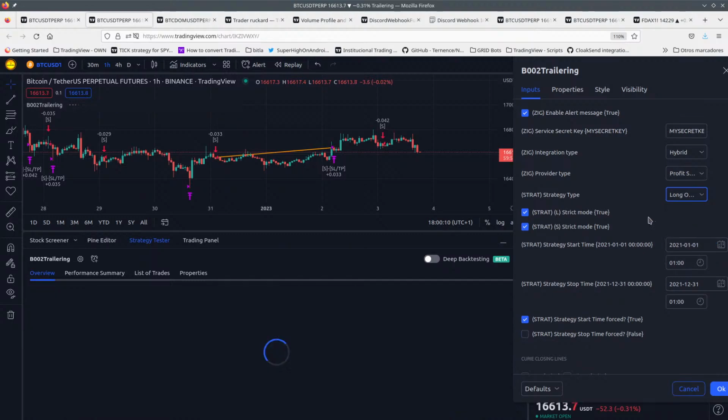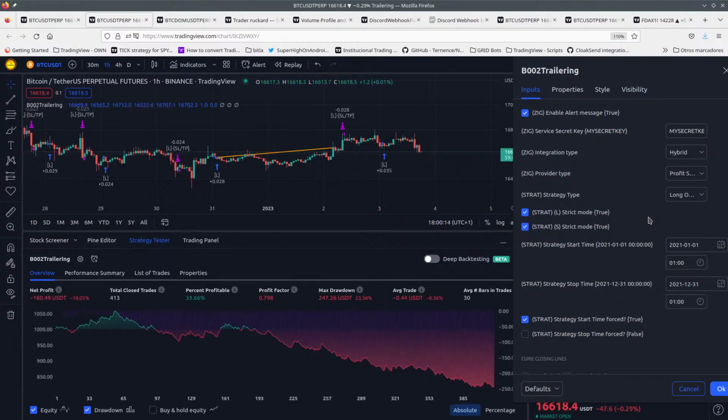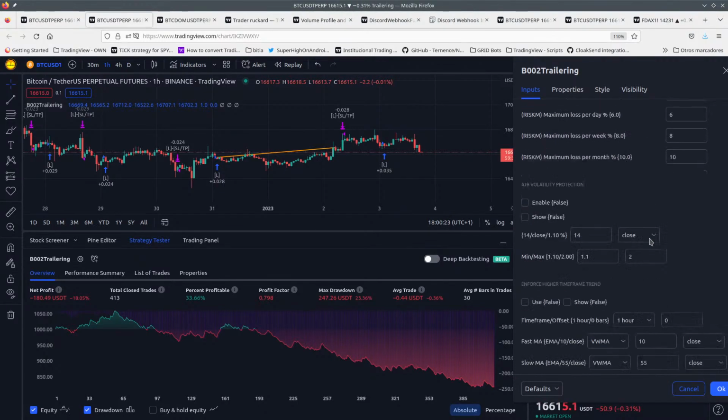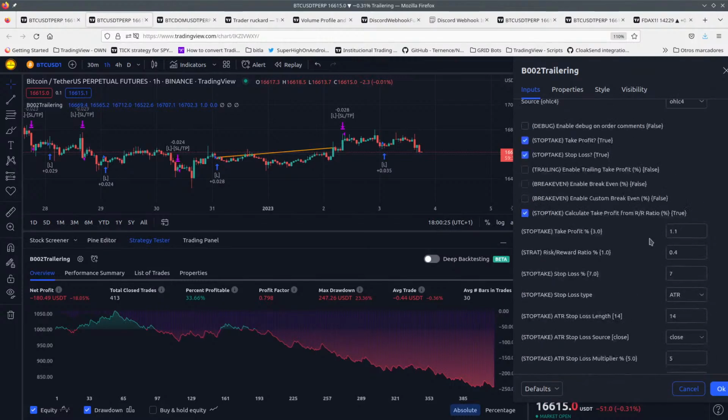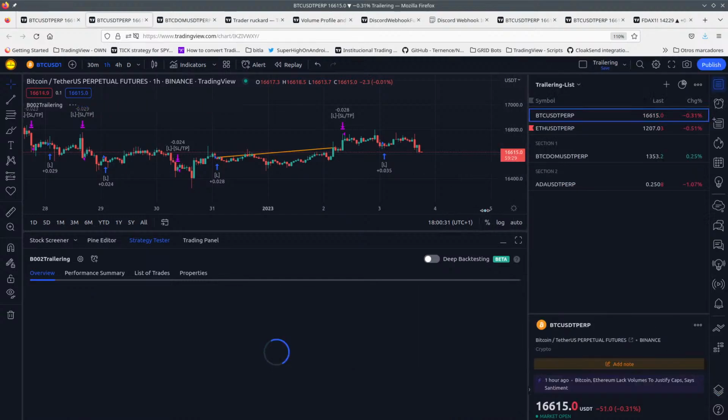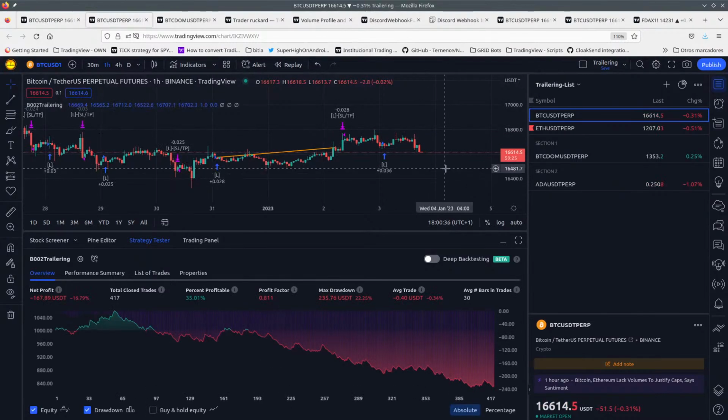So long only. Yeah, okay, so let's use 0.38 take profit instead of this, so that it's a different number, something like that.